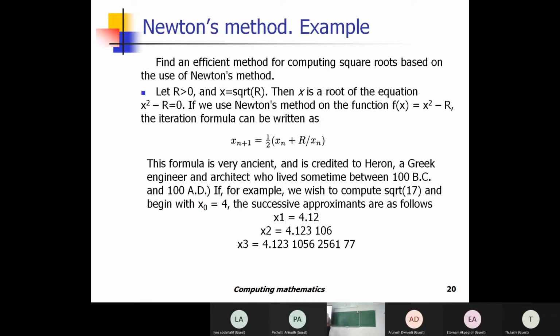And on this slide, for example, we compute the square root of 17. What can we take as the initial guess? We can take 4. Why? Because the square root of 16 is 4, and the square root of 17 is close to 4. Okay. When you use x0 equals 2, 7/4.